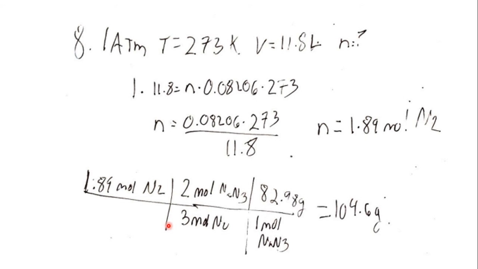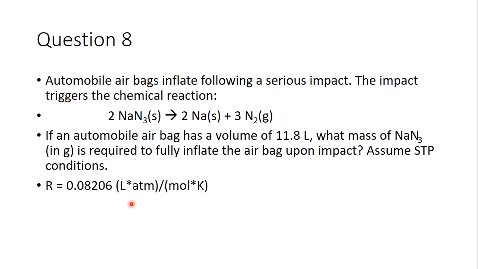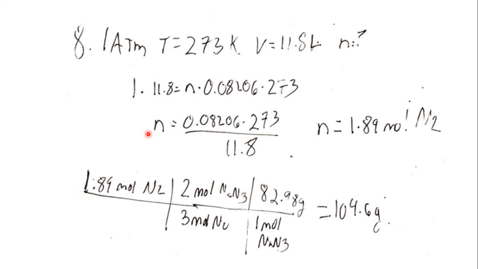Now we want to use stoichiometry to figure out how much sodium azide that is. If we go back to our previous equation, we see that for every 3 moles of N2 we need 2 moles of NaN3. So we have 1.89 moles of N2. For every 3 moles of N2, we make 2 moles of NaN3.